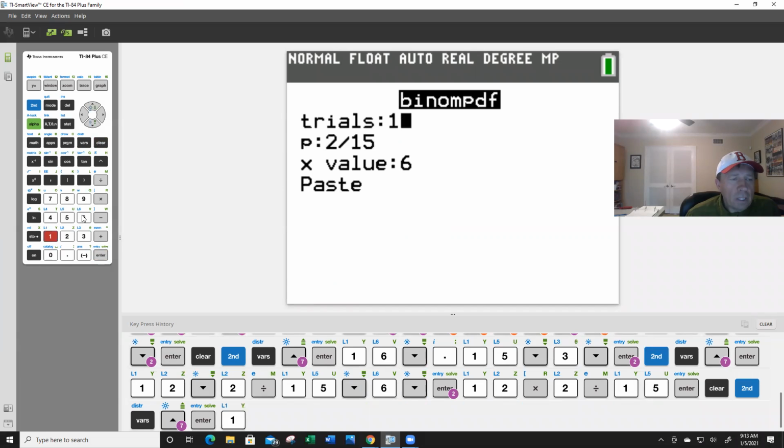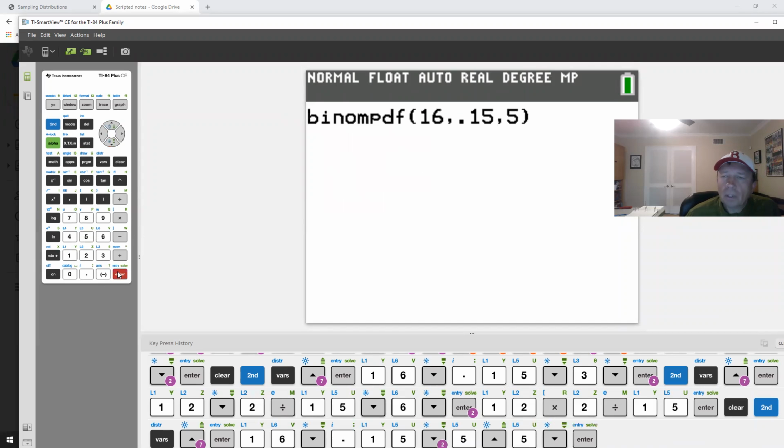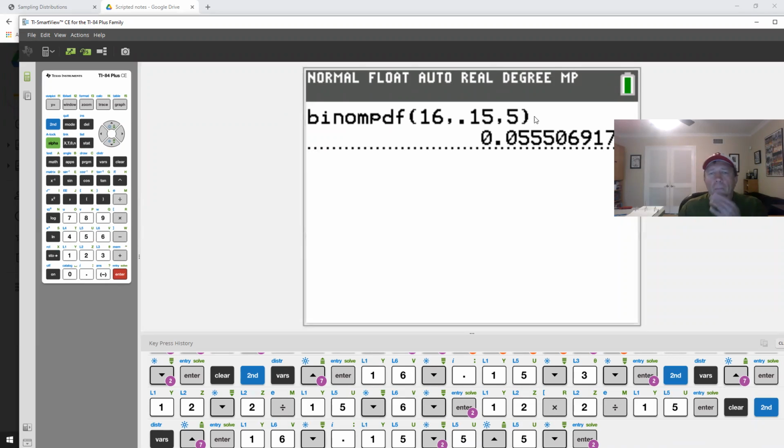That's 16 trials, 0.15 is the percentage of lefties, and the X value is 5. All right, about 5%, 0.05.